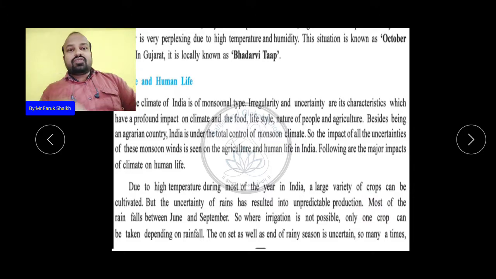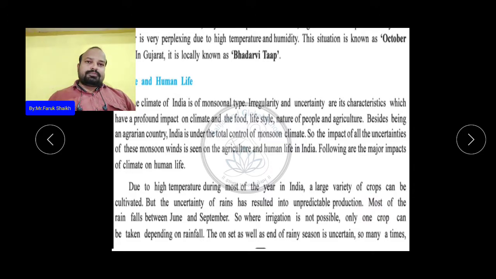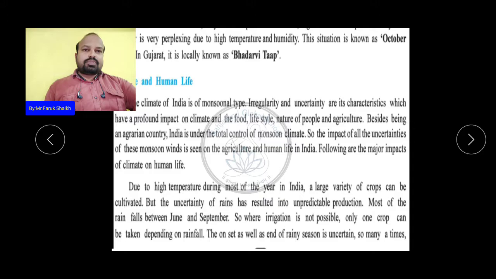Most of the rain falls between June and September. Okay, June or September में ही ज़्यादा से ज़्यादा rain is falling over India. Most of the rain falls in June and September. Okay, as I said, in Kerala and all, from the Malabar, the rain winds are entering, they bring the first rains, because they absorb the moisture from the ocean.